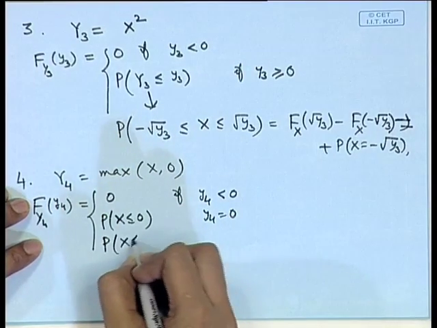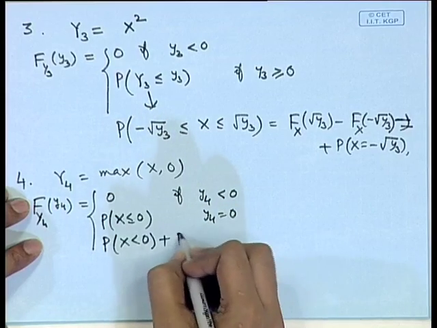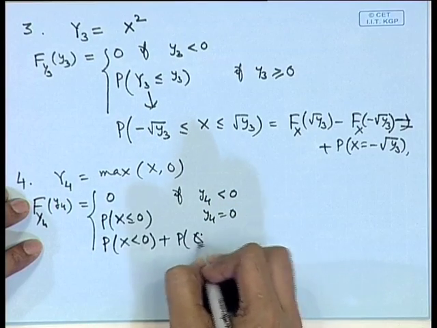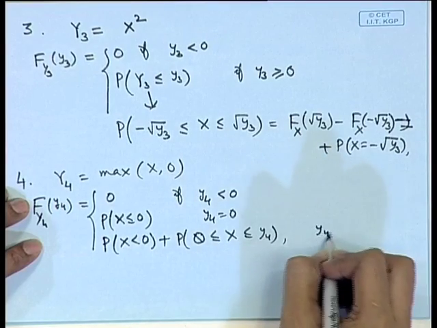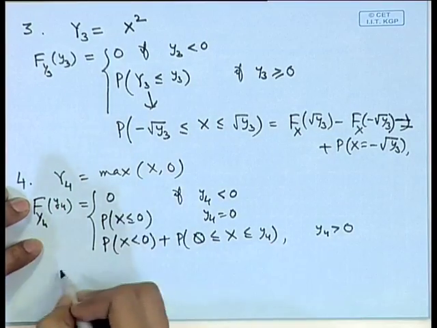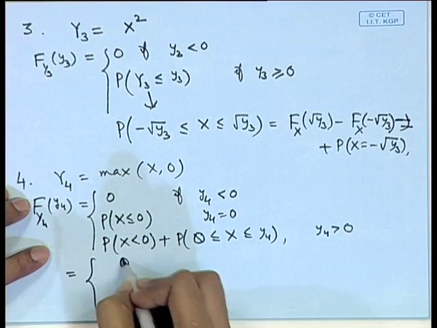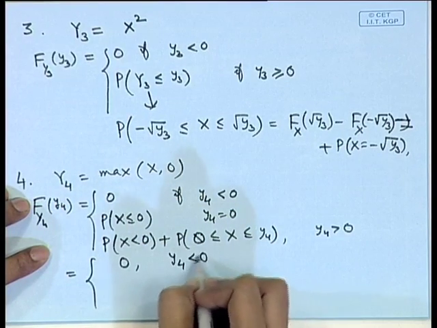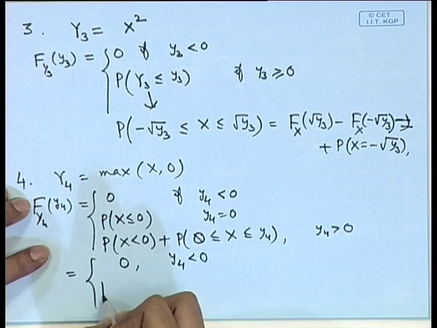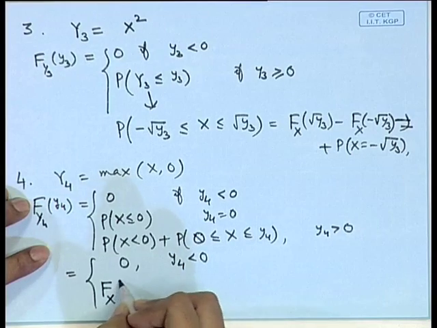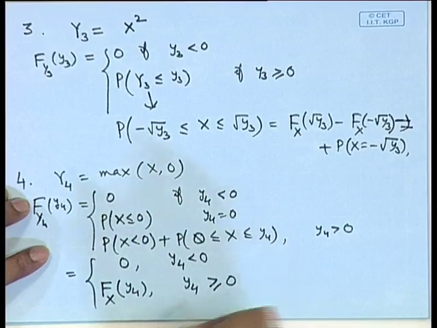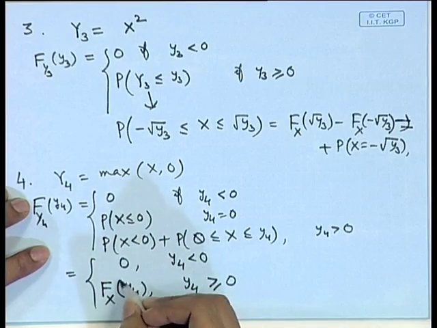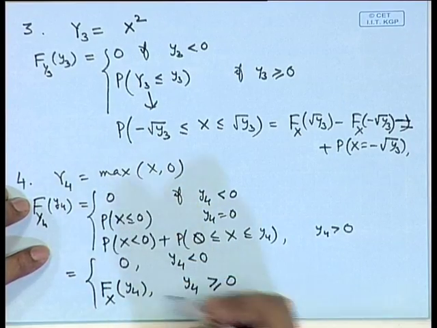So, that will be x less than 0 plus probability of 0 less than or equal to x less than or equal to y 4. So, if I combine these terms, then this is equal to 0 if y 4 is less than 0, and it is F of y 4 if y 4 is greater than or equal to 0. You can consider it as truncation of x at 0.